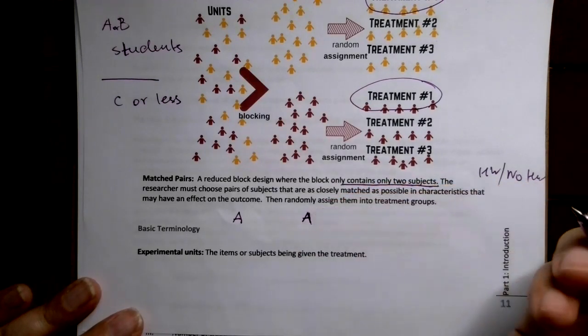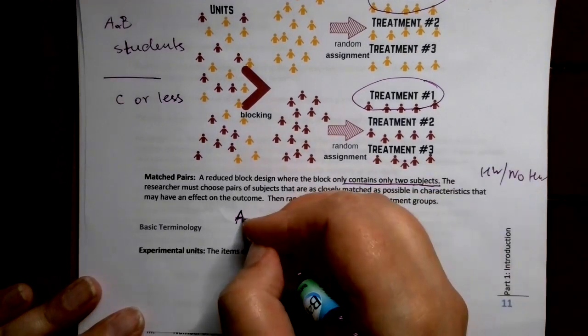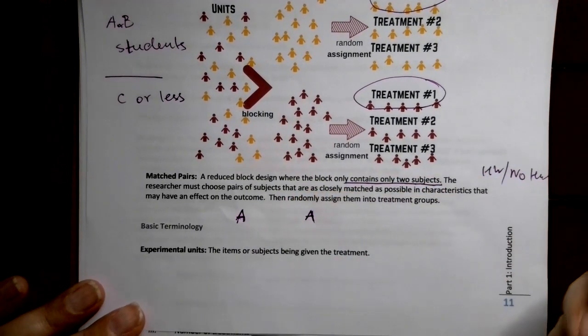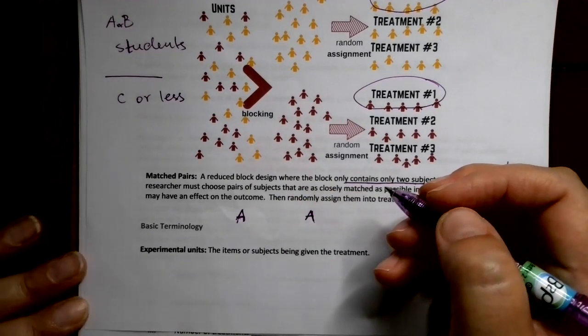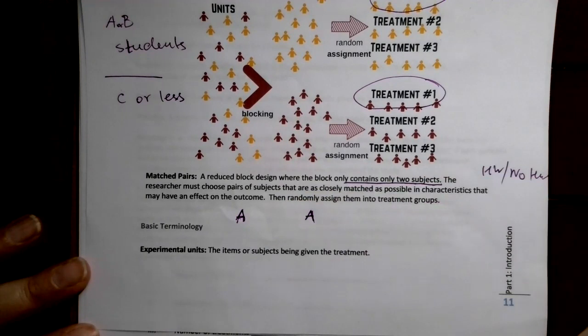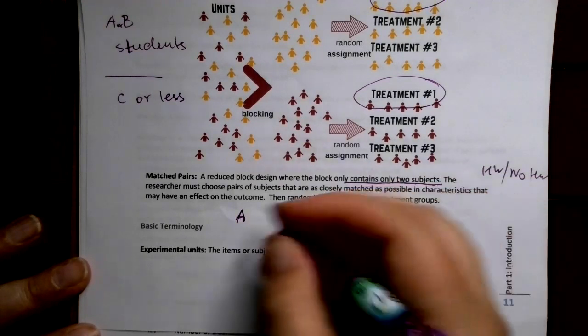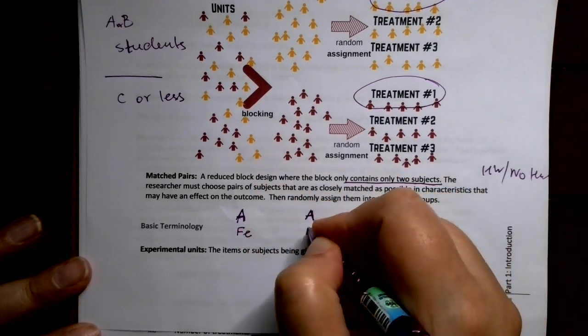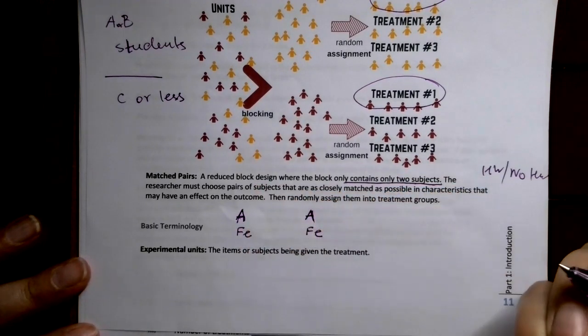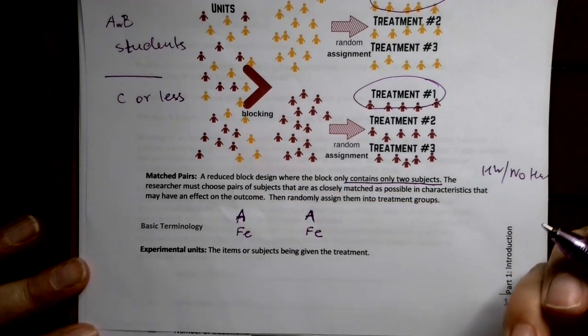And then I have to think about other factors that may contribute to their learning. I know that males and females learn differently. So maybe if I select a female here, I should match with a female in the second group.